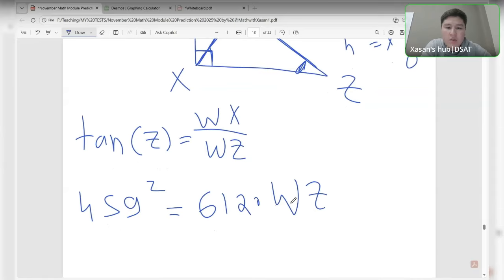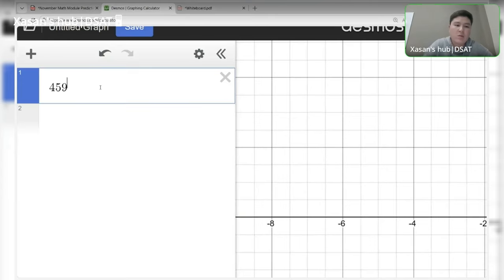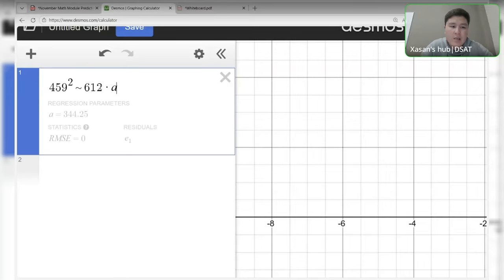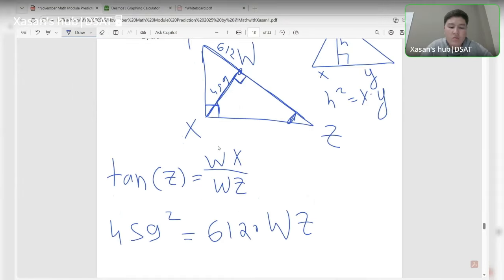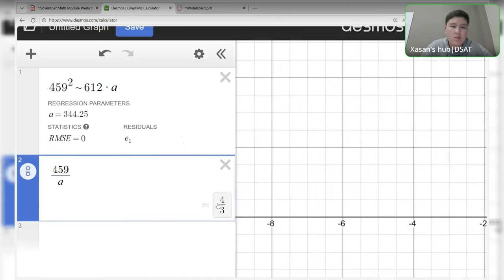Then you first find WZ: 459 squared equals 612 multiplied by, let's say, A, and you find the value of A. To find tangent Z, we know WX, so 459 divided by A. And then it is 4 over 3. That's the first way, guys, to find the answer. We're finding the exact side lengths by using just one formula.